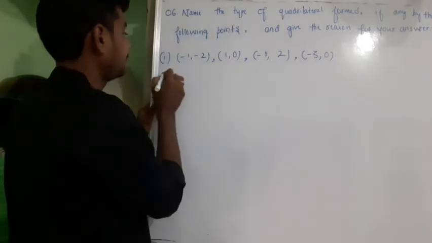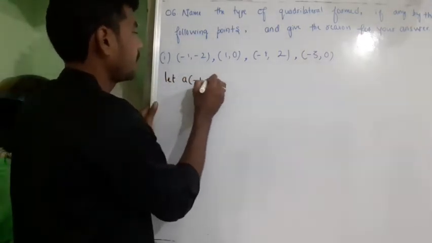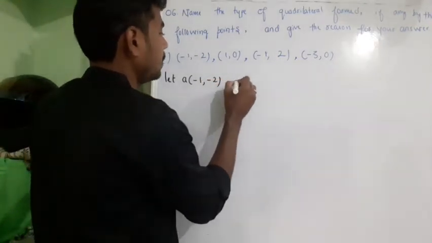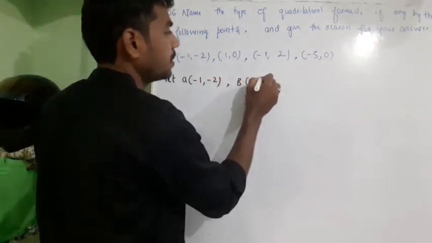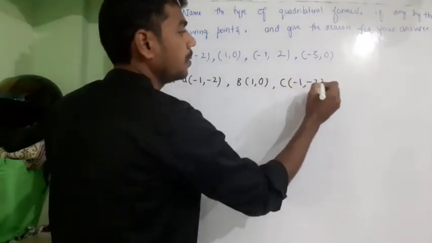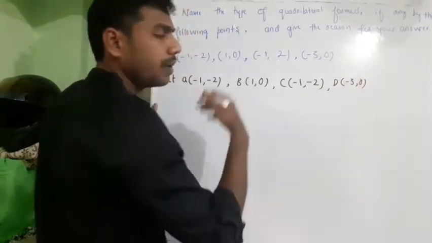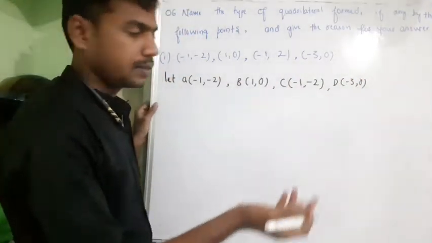So let A be minus 1 comma minus 2, B 1 comma 0, C minus 1 comma minus 2, next D minus 3 comma 0. So we'll find all the sides.